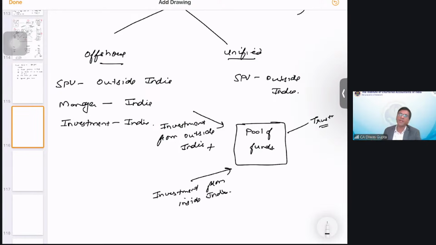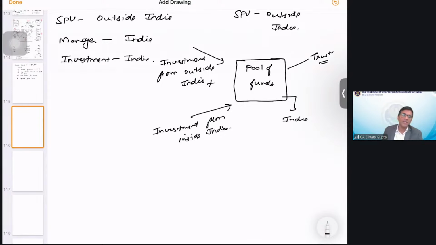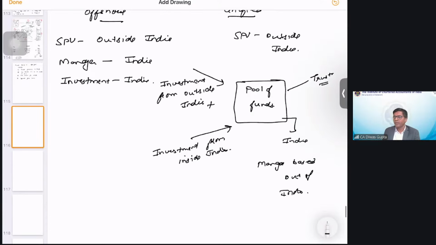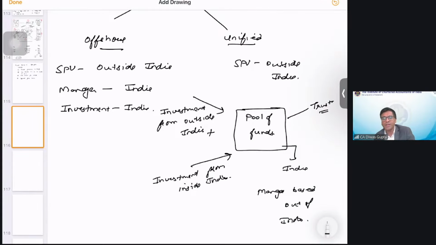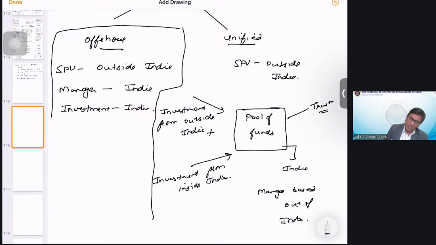This will be in the form of a trust, right? These pools of funds are within India. And the manager is based out of India. So this is what the unified structure is. This is the offshore structure.